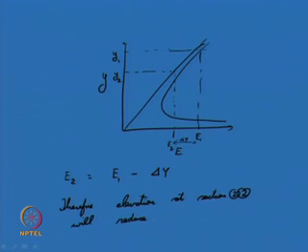We can see the same portion. Similarly, what happens in this particular situation if the height of the hump increases further? From this graph, it is quite obvious, it can increase up to this particular portion. This will be the minimum specific energy possible at that particular cross section.